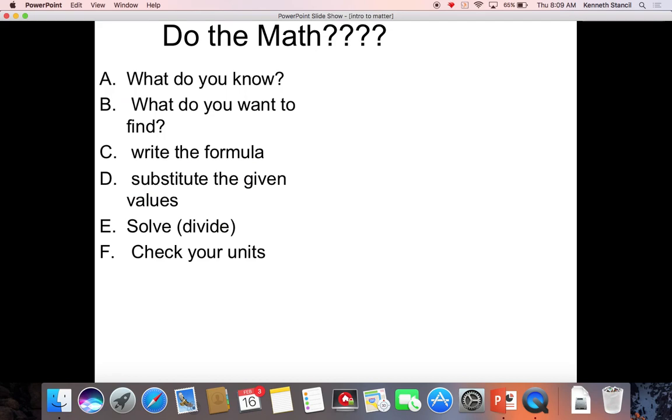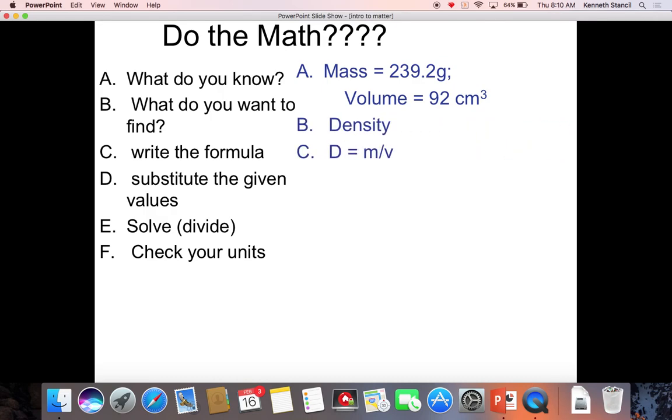One more, do the math. What do you know? We've got a mass of 239.2 grams. A volume of 92 cubic centimeters. We are looking for the density. Our formula is density equals mass divided by volume.